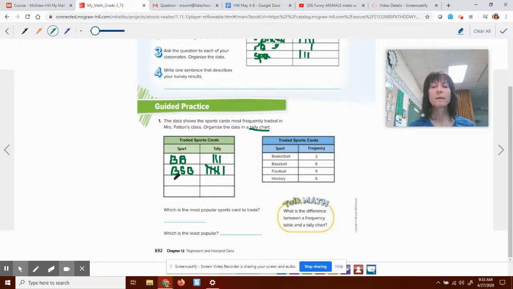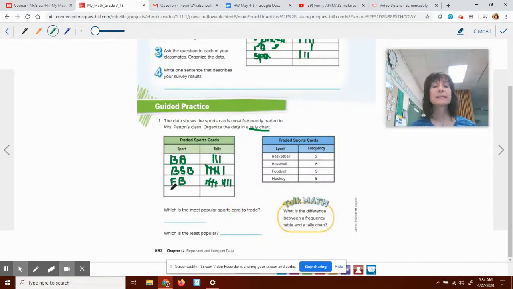For football, we are going to put 9. So I have football, FB, and 9 is great because I can do my 5 tally marks, then 6, 7, 8, 9.